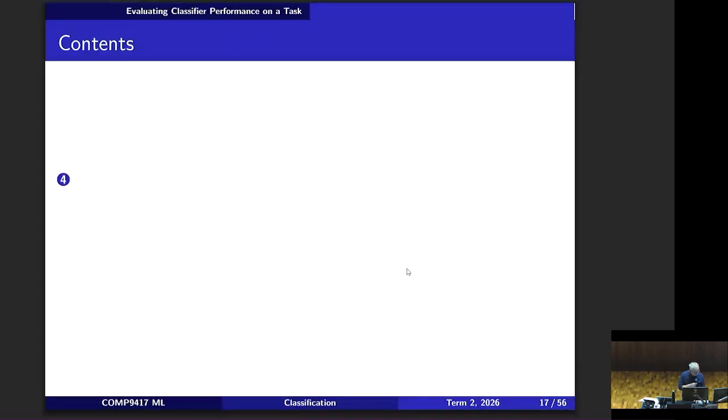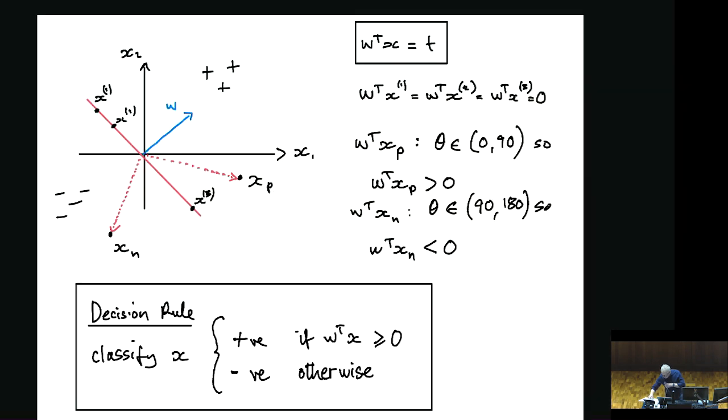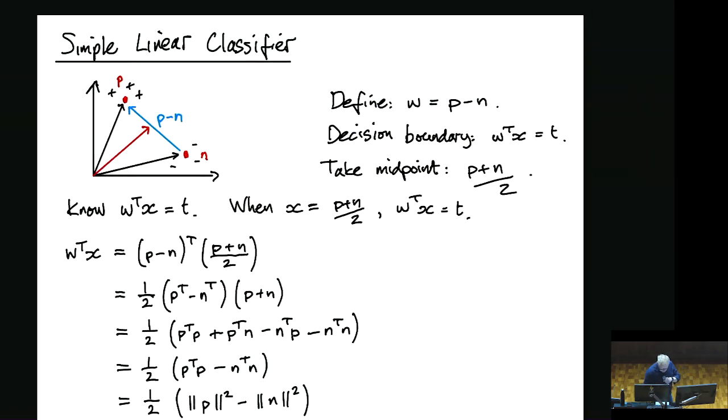That's where I want to pick up on now, and I won't take too long. We looked at this last time. This is the idea about the geometry of such classifiers. If you're just not sure about that, go back and have a look at this. And this is the derivation of that classifier.